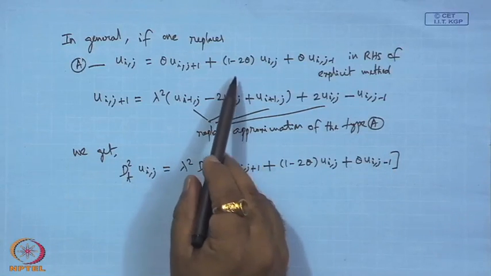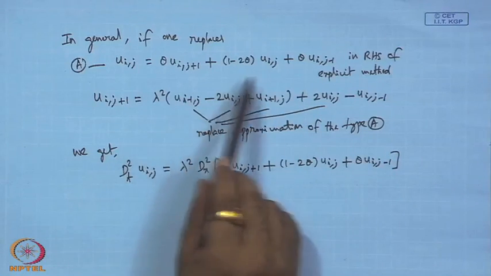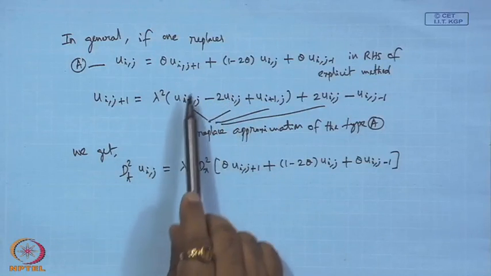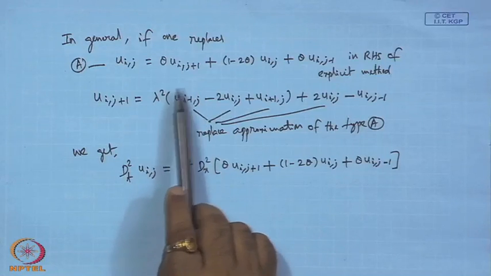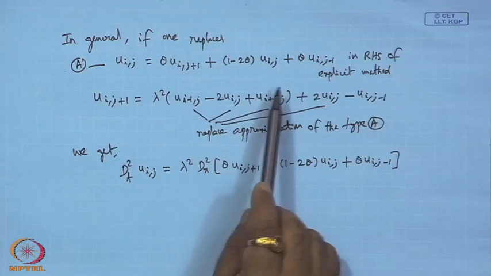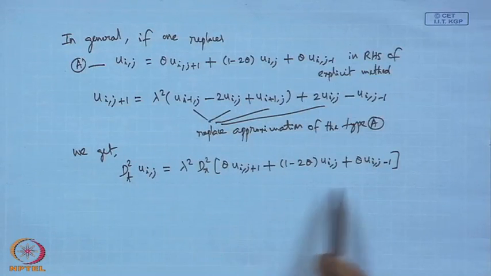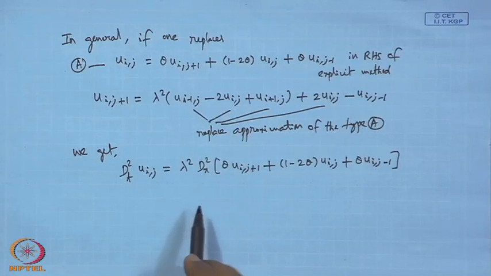So, in this case theta is a kind of a weight, okay. So, which can vary, and of course, when we discuss the error, theta will also come into picture, and then when we discuss stability, theta will also come into picture. Okay.